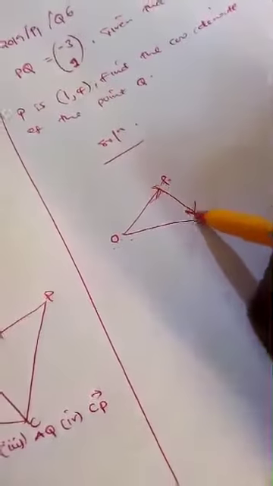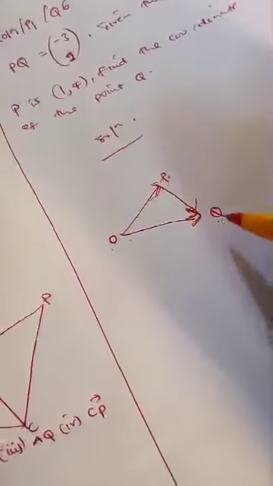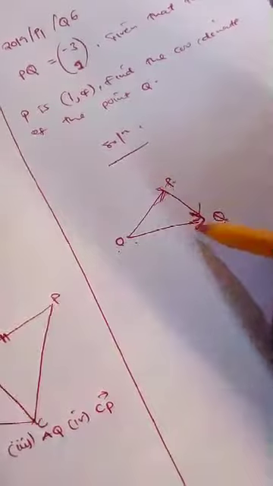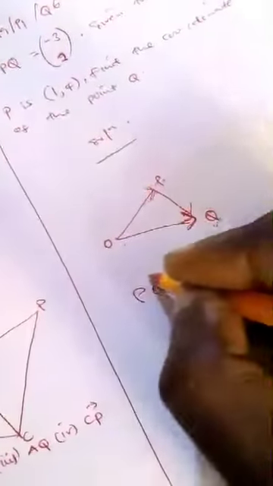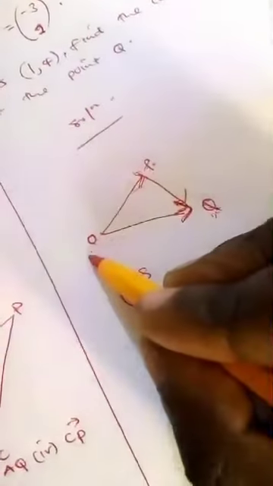OQ, I'm going in the direction of the arrow. So no wonder, no need of a negative. So I would say vector PQ is the same as, or you can say, QO.